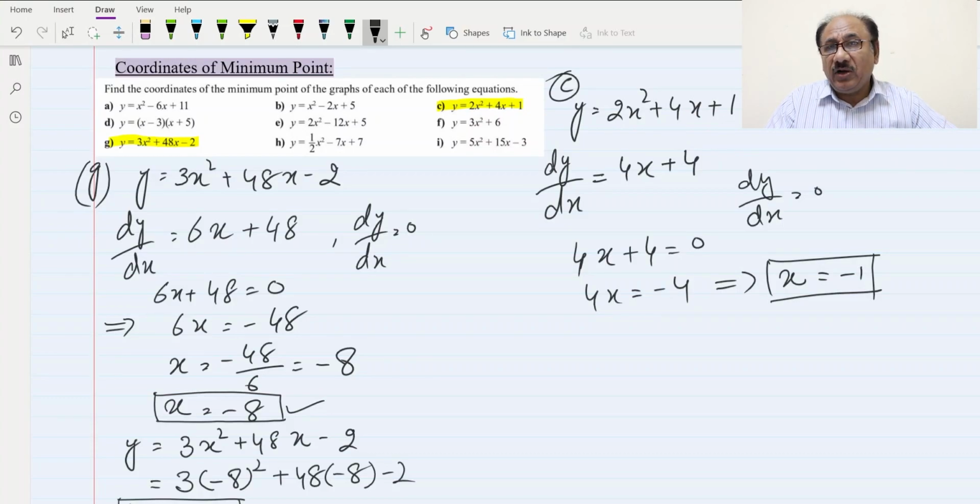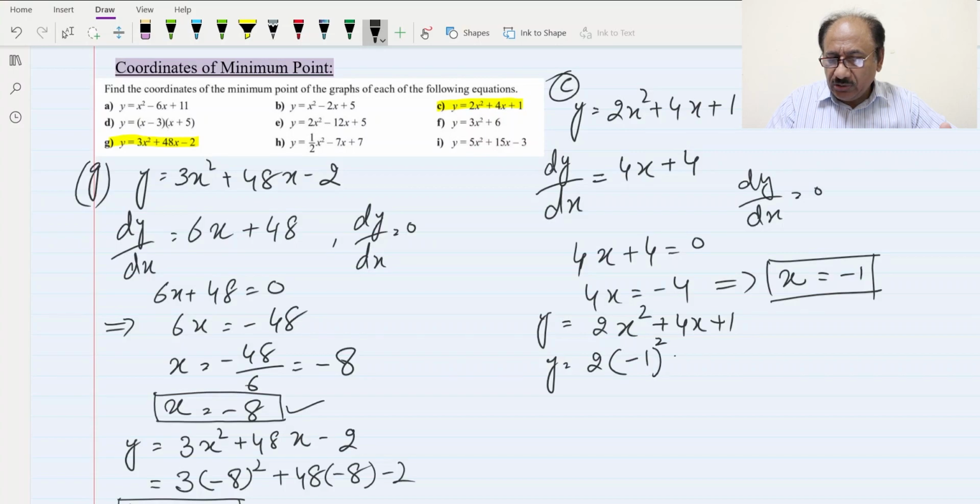Now to find the y coordinate, we have to replace x is equal to minus 1 in the original equation, and our original equation is y is equal to 2x squared plus 4x plus 1. Now we will replace x is equal to minus 1. So 2 into minus 1 squared plus 4 into minus 1 plus 1. Again, I'm not explaining the basics of derivative.